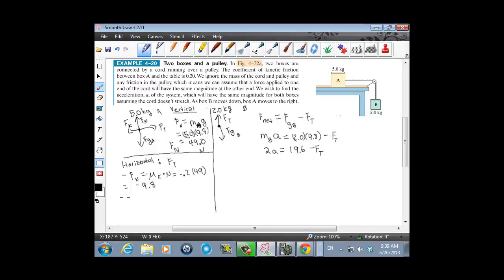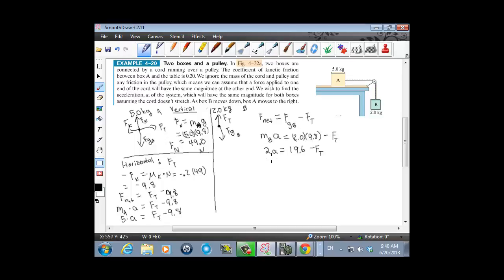So our net force is Ft minus 9.8, which is our mass for box A times our acceleration, or 5 times our acceleration equals Ft minus 9.8.